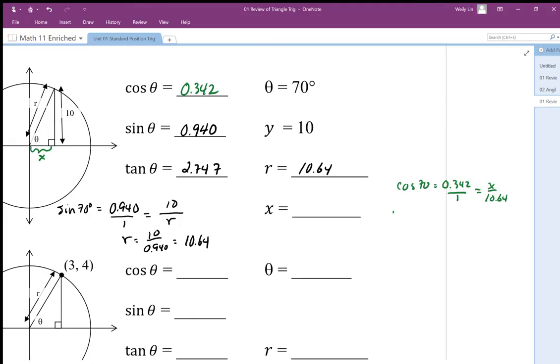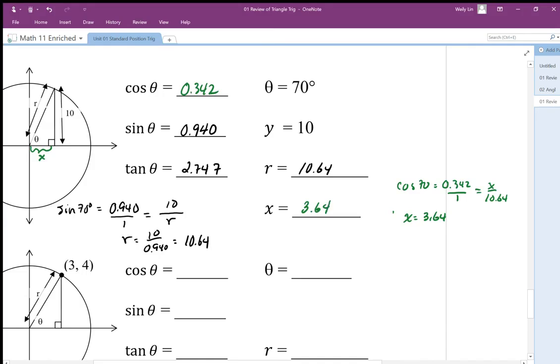We have 0.342 times 10.64, which gives me about 3.64 when I round that. So x is equal to approximately 3.64.